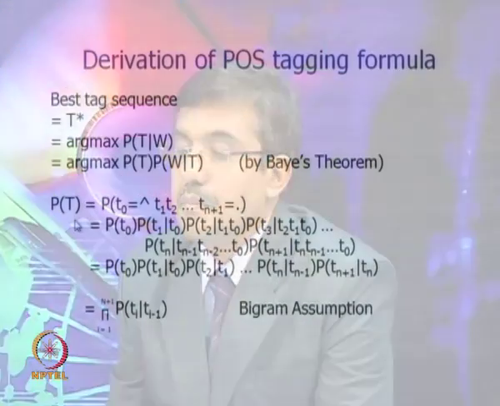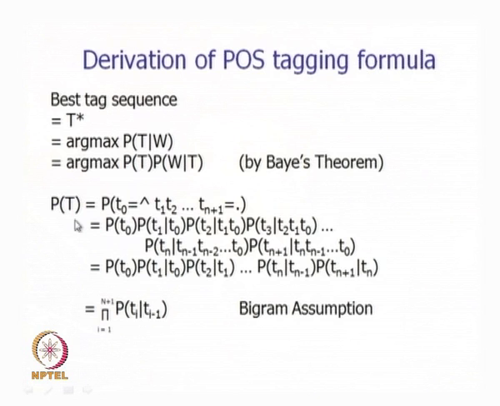All right. Proceeding further, we see that P(T) is equal to this expression, and after making the Bigram assumption, it comes out to be equal to the product of P(t_i given t_{i-1}), i going from 1 to n plus 1. Okay. So, this first part of the expression, the prior probability, comes out to be a product of Bigram entities.